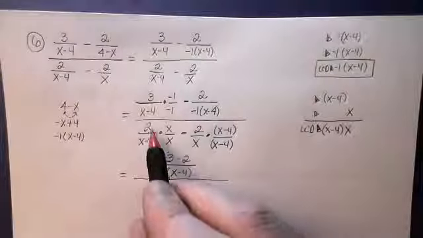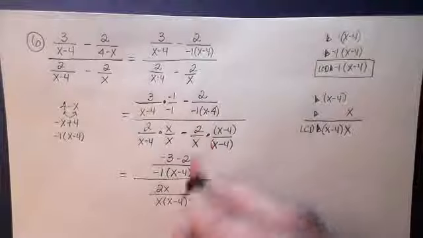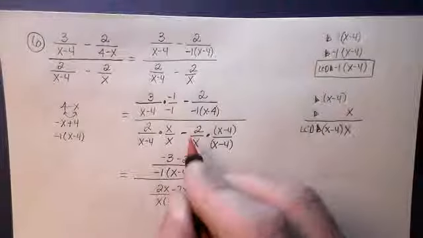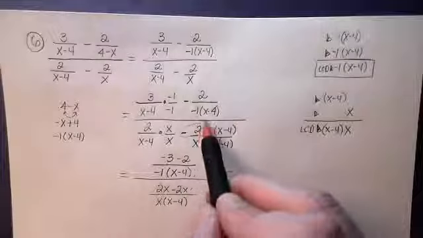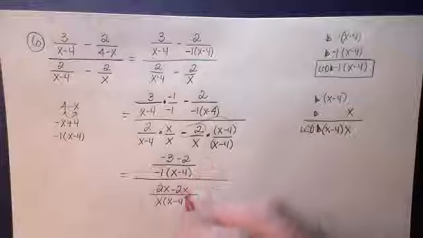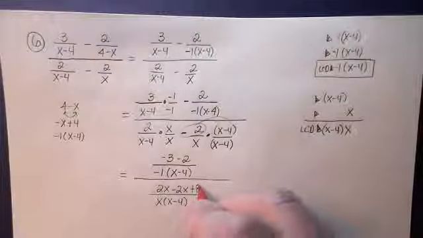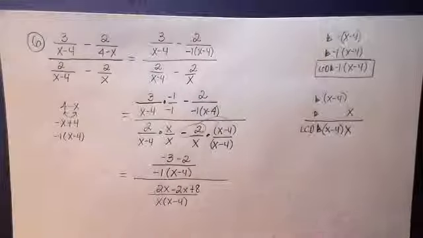On the top, I have 2 times x is 2x, and negative 2 times x is negative 2x. And please be careful here, I have to consider the negative with the 2. So negative 2 times x is negative 2x. Negative 2 times negative 4 is positive 8. Alright, very well. Now that we have them, let's continue.